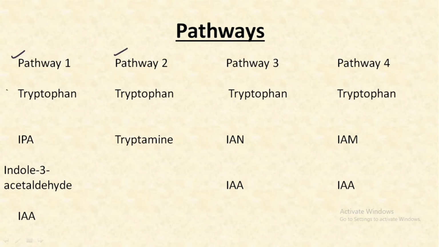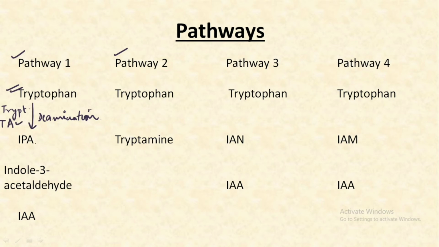In the first case, we have the tryptophan getting converted into IPA, that is indole 3-pyruvate, and this happens by the help of the deamination reaction, and the enzyme that is used is tryptophan deaminase or tryptophan transaminase. Make sure you remember the enzyme and the process as well.